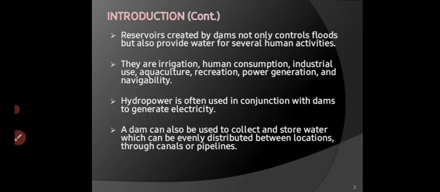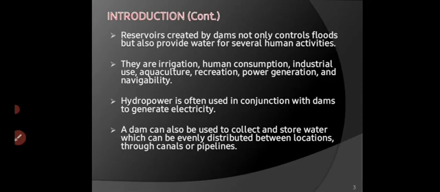Reservoirs are created by dams, which not only control floods but also provide water for several human activities. They are irrigation, human consumption, industrial use, aquaculture, recreation, power generation, and navigability.